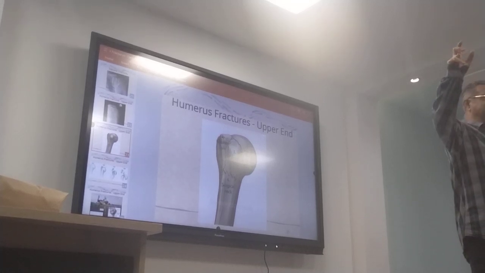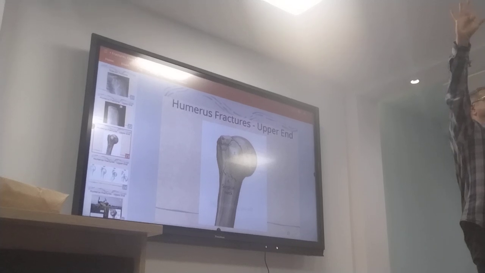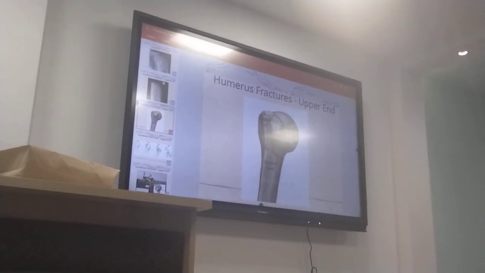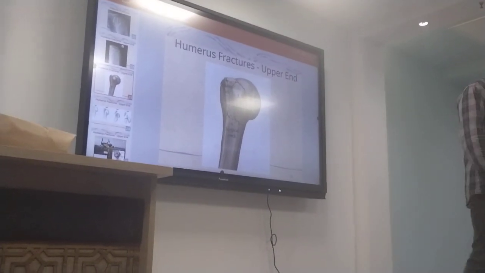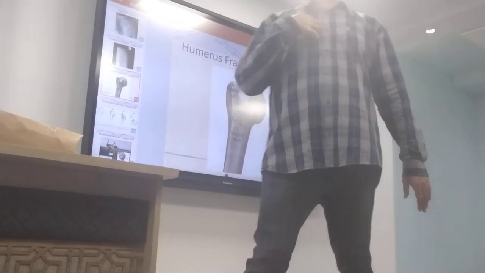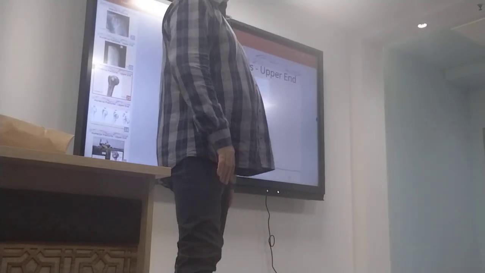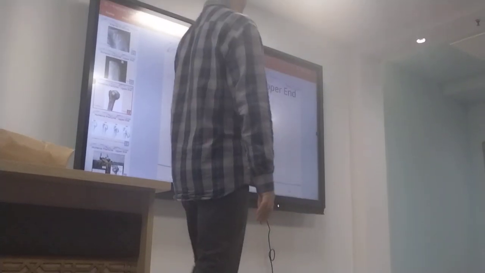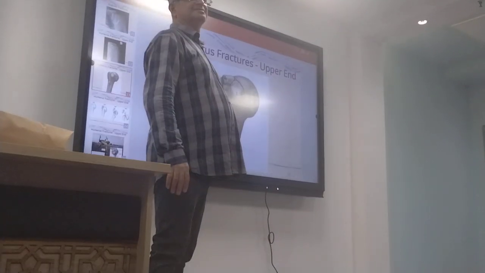Infraspinatus, teres minor and subscapularis. Which one is the internal rotator? Subscapularis. You are stuck on deltoid. I'm stuck on sternocleidomastoid. You're stuck on deltoid. Deltoid is a pure abductor and somehow an external rotator. Okay, it's the attachment of the subscapularis.